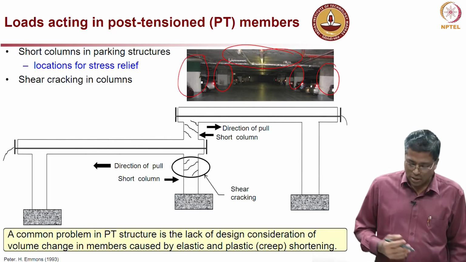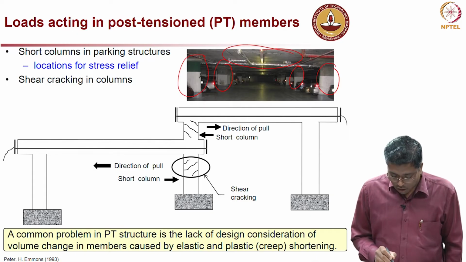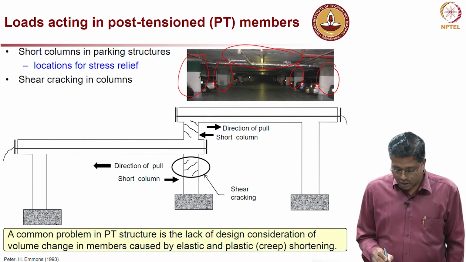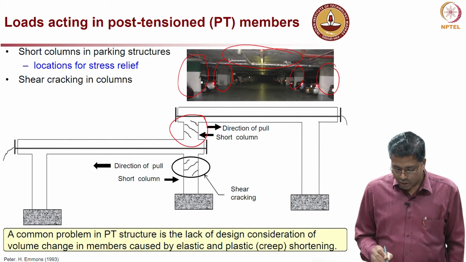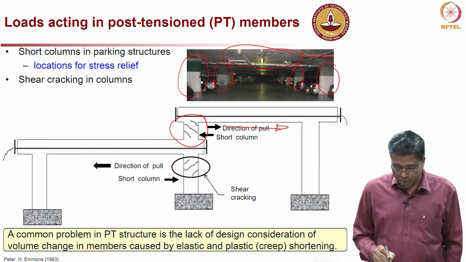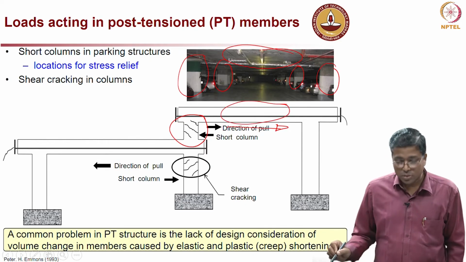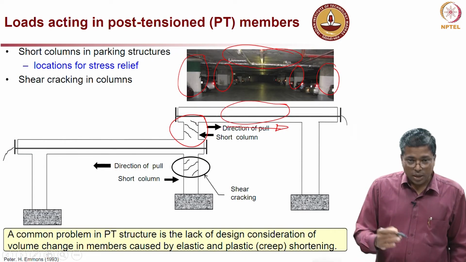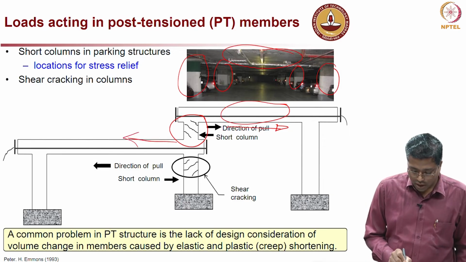Post tension slabs and short columns, this combination is what we are talking about. Now, if the pre-stress or post tensioning is too much, then there will be a pull. I am talking about this column here: the top slab is pulling the short column to the right direction, whereas the bottom slab is pulling the short column to the left direction.